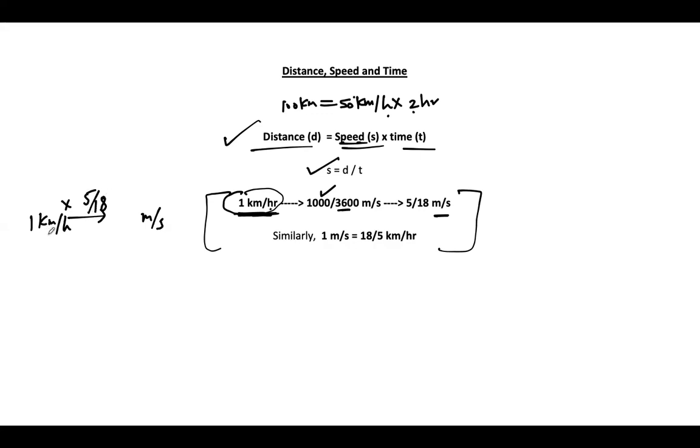So to convert kilometer per hour to meter per second, you multiply by 5 by 18. And if you want to convert meter per second into kilometers per hour, what should you multiply? Going from left to right, we multiply by 5 by 18, so from right to left, it is 18 by 5. Okay.